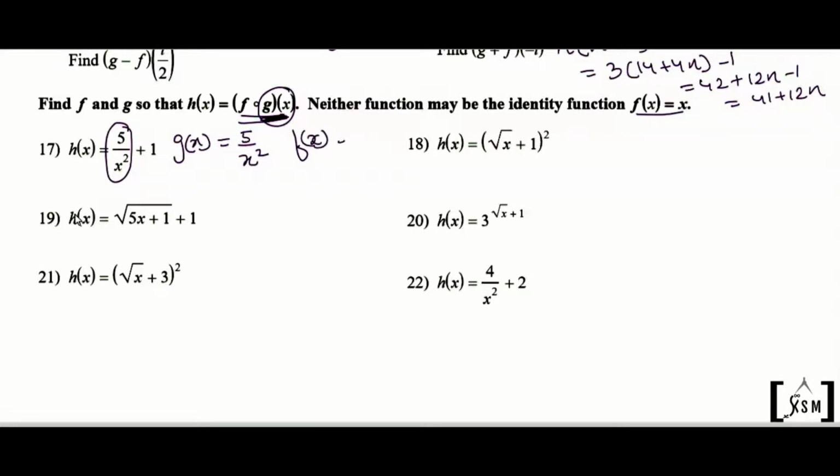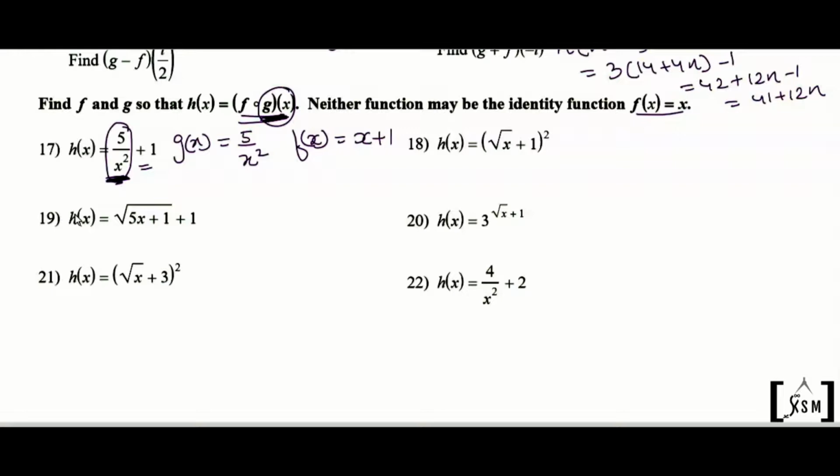For 5 over x square, you just say it as x, and then x plus 1, because this is plus 1. So g(x) is 5 over x square and f(x) is x plus 1, guys.